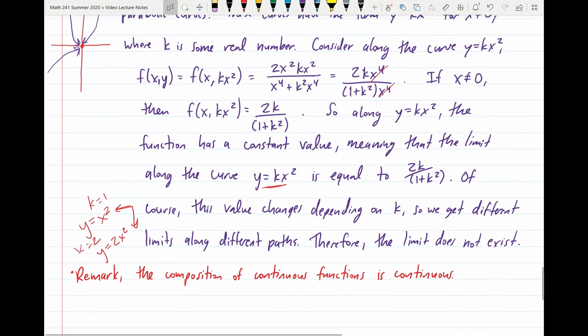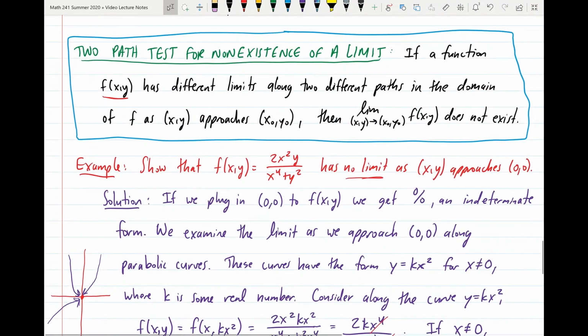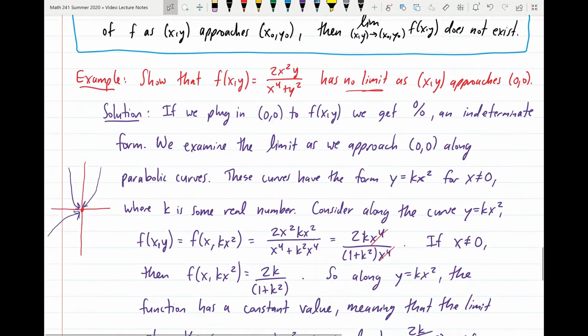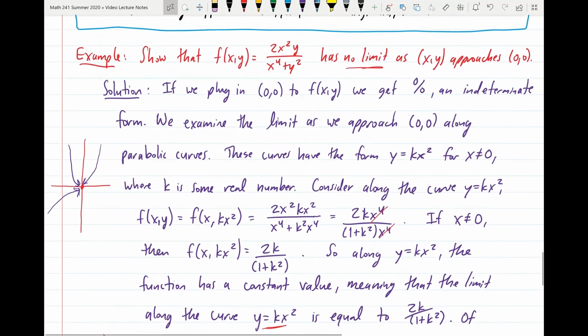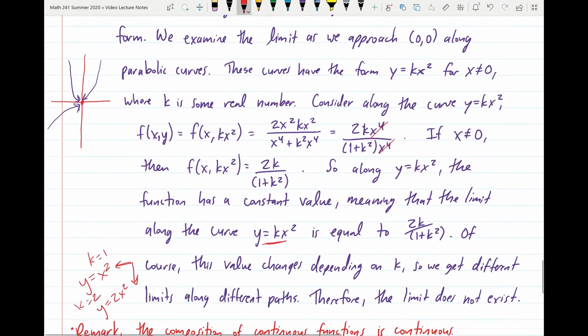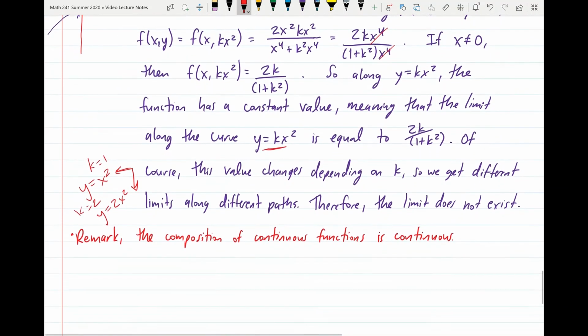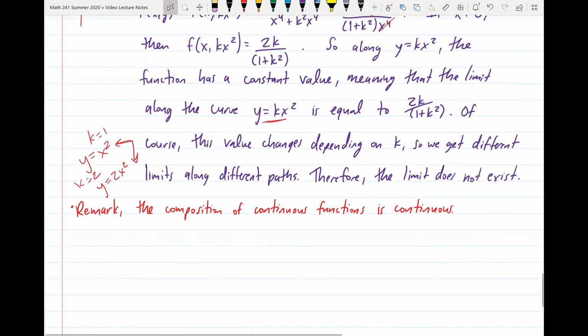And because of the theorem that we have above, this two-path test for the non-existence of a limit, because we get two different limiting values as we approach along different paths, it implies that the limit at the origin does not exist. So we can conclude that the limit of our function as we approach the origin doesn't exist. And I will give a homework problem, at least one of them, where you're going to use the two-path test like this as well.